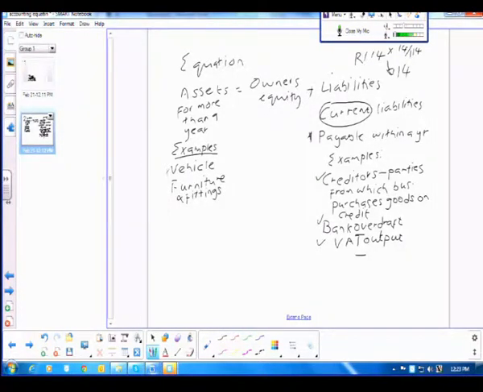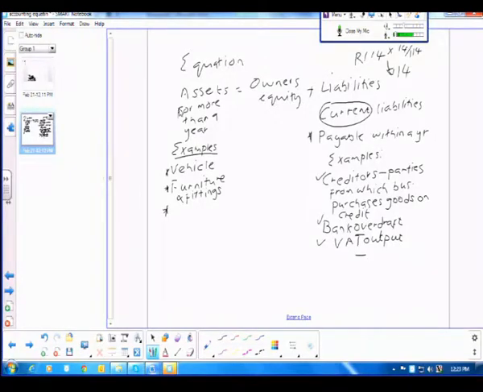So the common thing between these is that they can last for more than a year. What about equipment? That is actually the board I'm using here. This equipment can be used for more than a year.